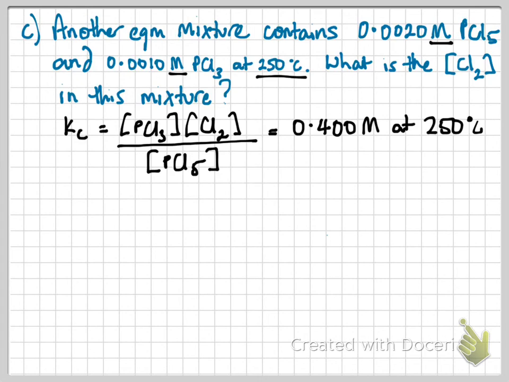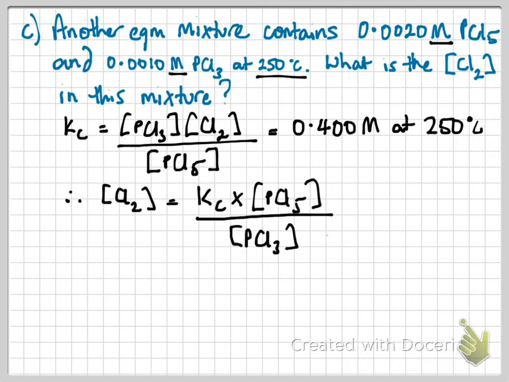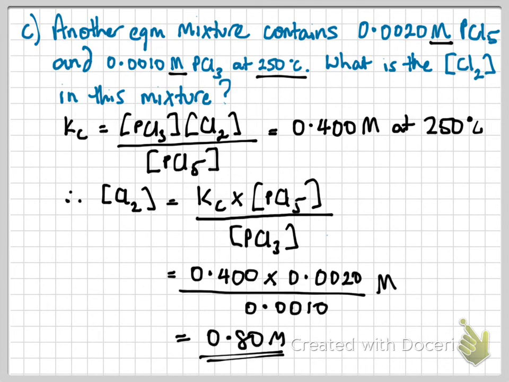So if you write out the expression for Kc, you've already calculated it in part A that it's 0.4 molar. Now rearrange the equation to solve for the concentration of chlorine, and it's as above. Substitute in the numbers. Note these are molar concentrations, so you don't need to divide them by any volumes. Substitute your answer for part A and you get 0.8 molar to two significant figures.